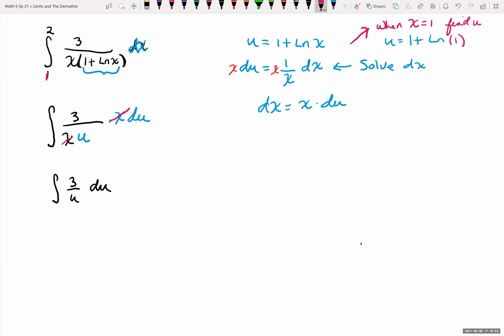You're thinking to yourself, the natural log of 1 is log base e of 1. Logs are, what is that exponent you raise your base to? So what do we raise e to get back 1? Well, e raised to the 0 is 1. So this is 0. So u is equal to 1 plus 0, so when x is 1, u is going to equal also 1.